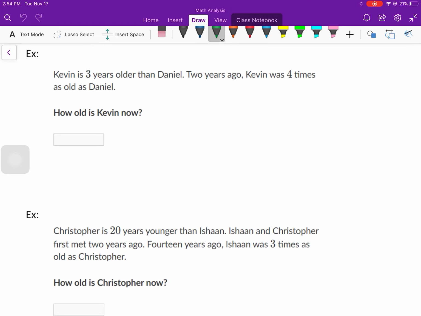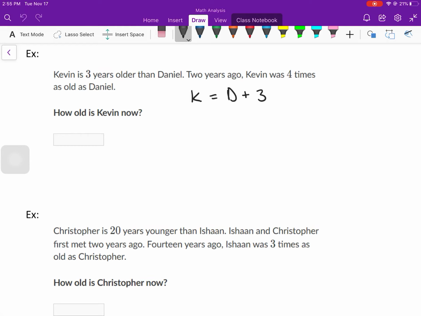So Kevin is 3 years older than Daniel. 2 years ago, Kevin was 4 times as old as Daniel. So Kevin equals Daniel's age plus 3, right? Kevin currently is 3 years older than Daniel.